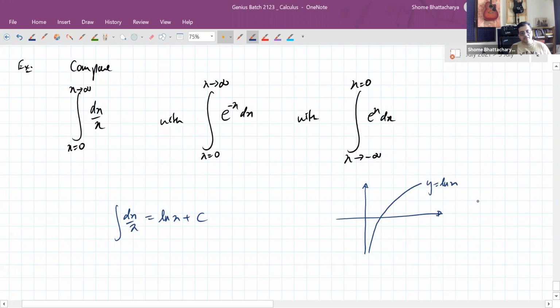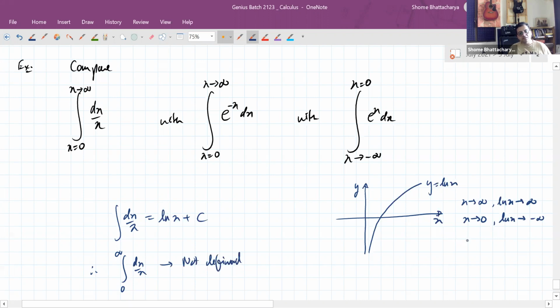So x tends to infinity, ln x tends to infinity, and x tends to 0, ln x tends to minus infinity. So therefore, 0 to infinity is not defined itself because ln 0 is not defined.